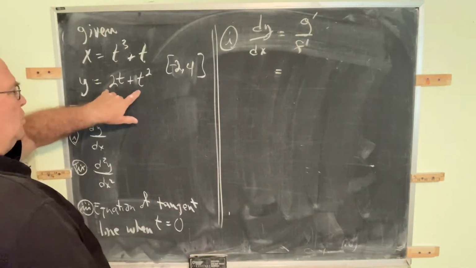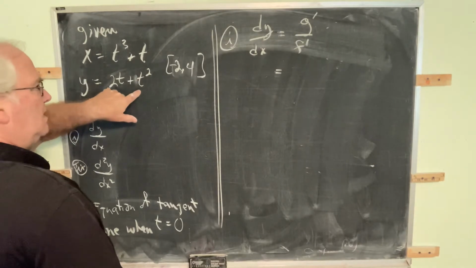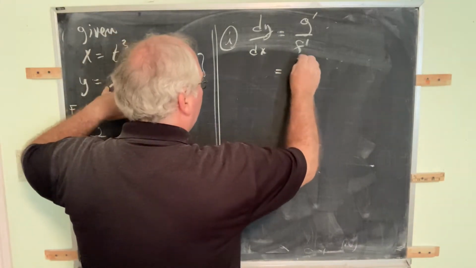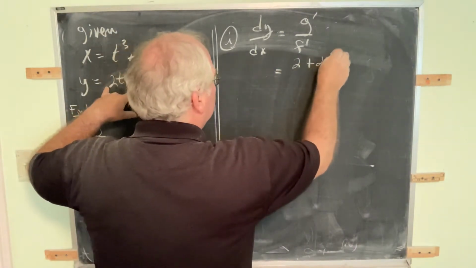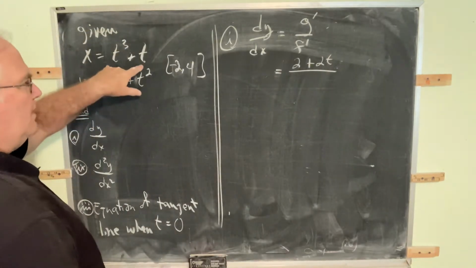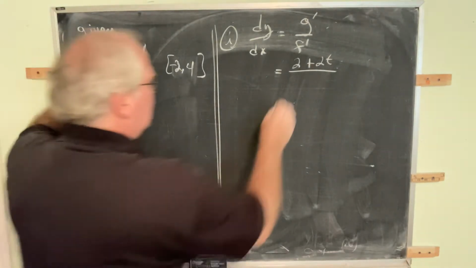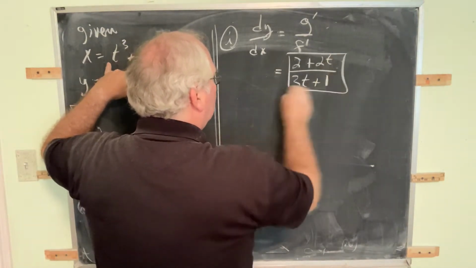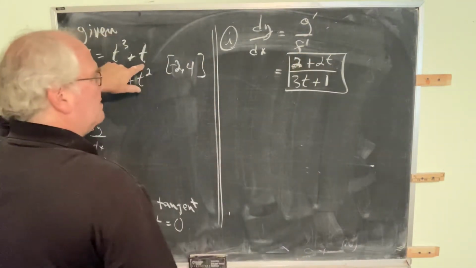In any event, it's the derivative of the y definition, g. The derivative of g is 2 plus 2t, over the derivative of f, that's 3t squared plus 1. So that's the derivative.